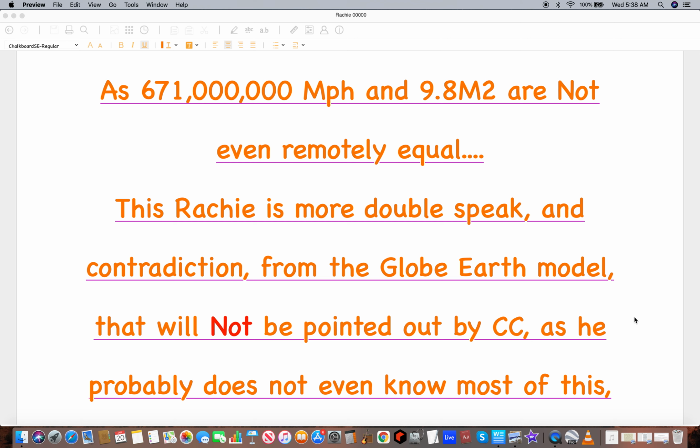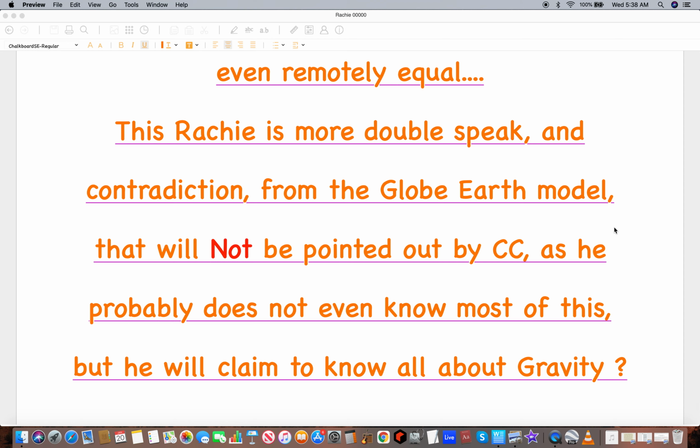Yet they're both gravity moving through a vacuum. So I don't know. This is more doublespeak and contradiction from the globe Earth model that will not be pointed out by CC, as he probably does not even know most of this, but he will claim to know all about gravity.